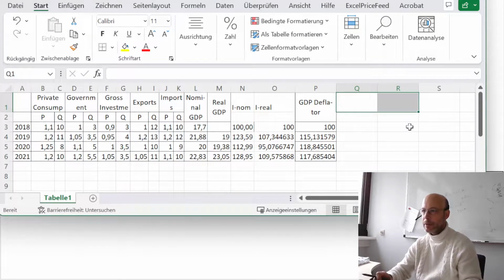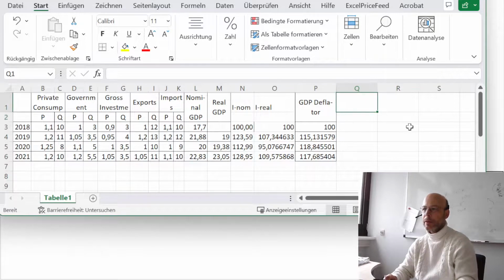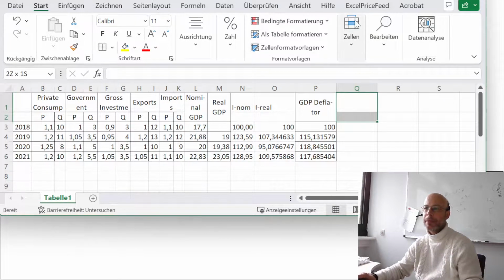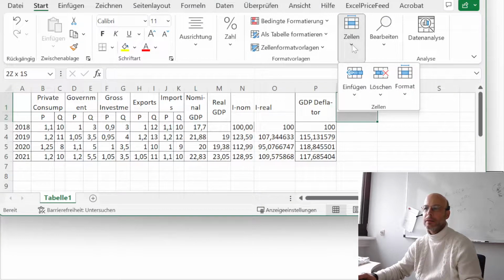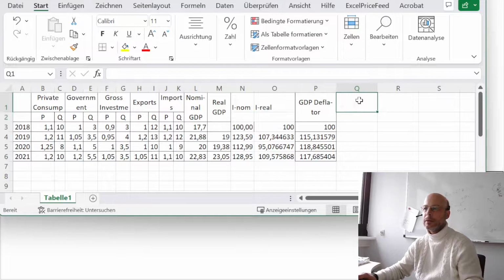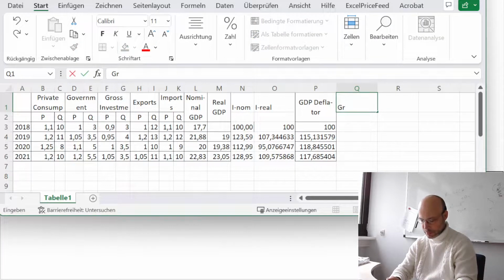Here we want the so-called overall price development, the price development of the whole economy, and then we take the growth rate of the GDP deflator.